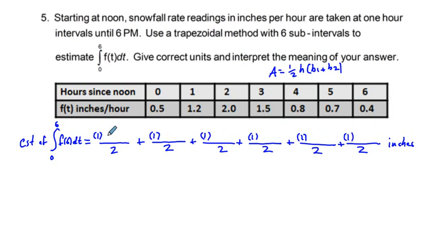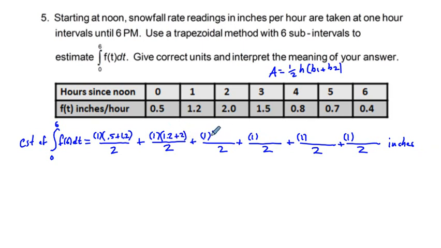So height, and then we're going to have base 1 plus base 2. Well, in this case, for the first one, it's going to be 0.5 plus 1.2. For the next one, we're going to have 1.2 plus 2.